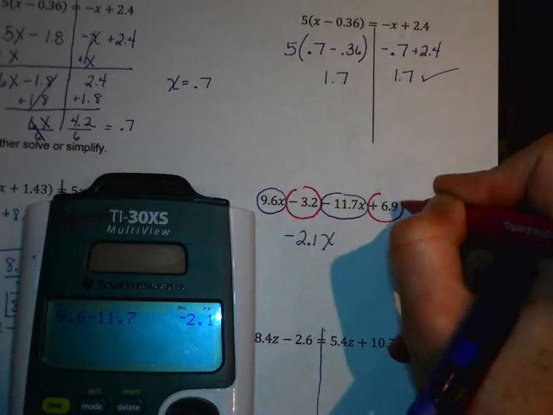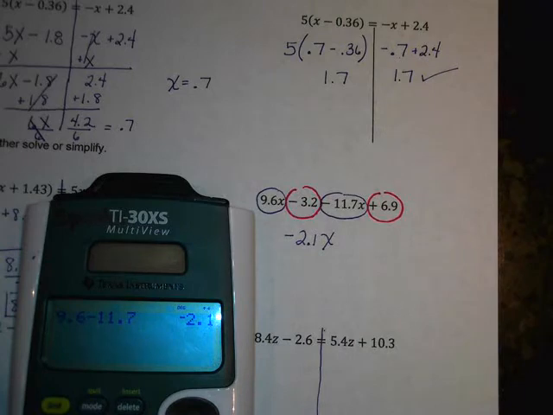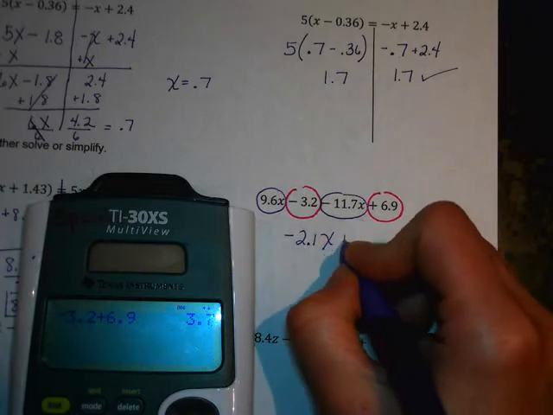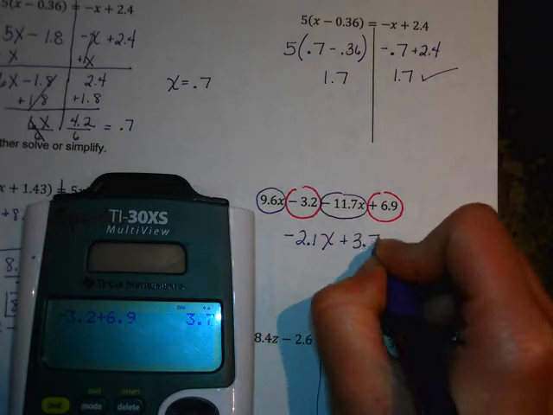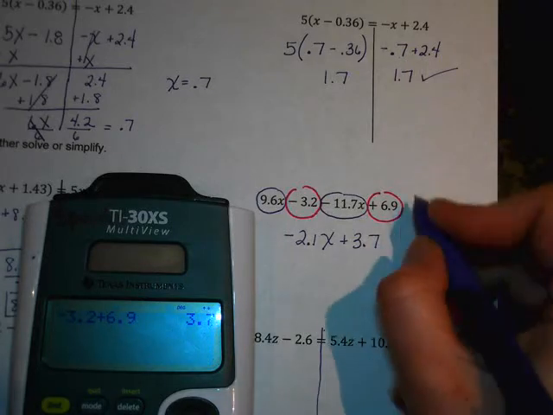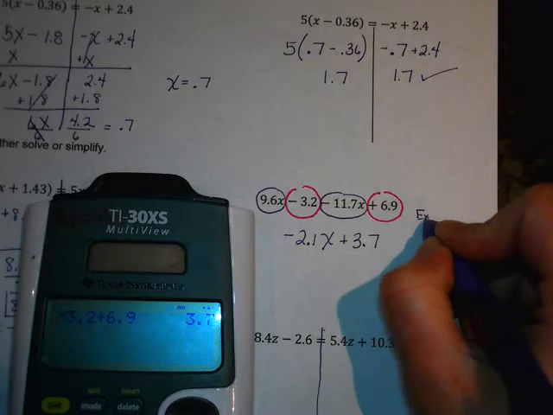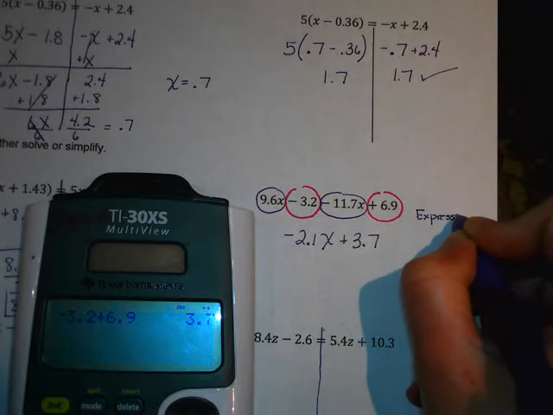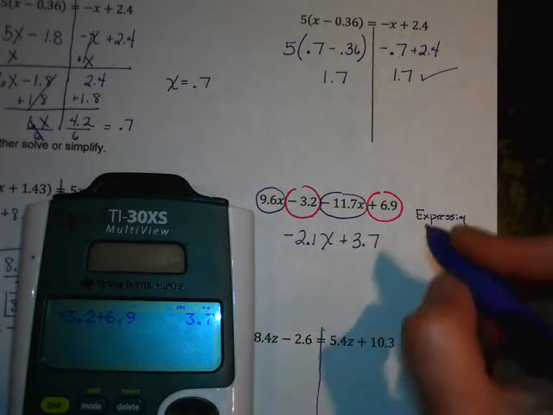These are my constants. So now I'm just going to pull out my calculator and go negative 3.2 plus 6.9. Okay, and there's my answer simplified. I can't solve it because this is an expression. And an expression, you can't solve it. You can only simplify.